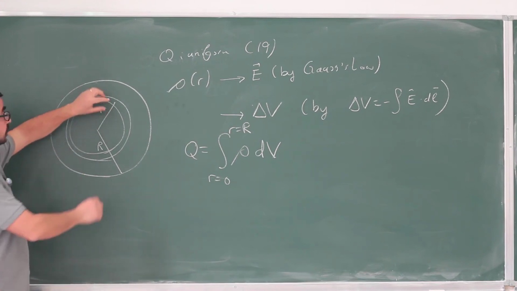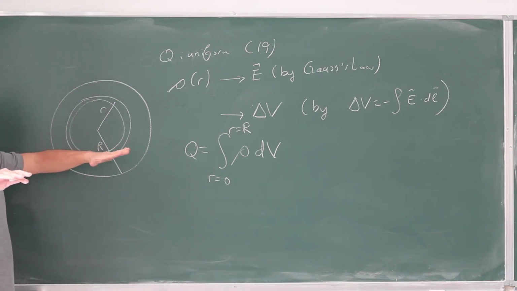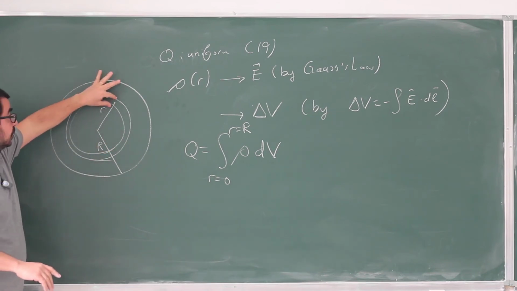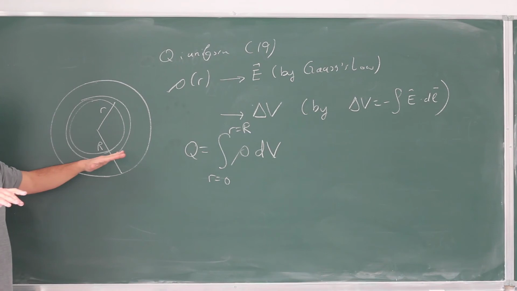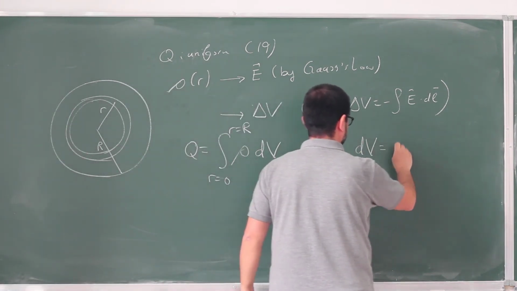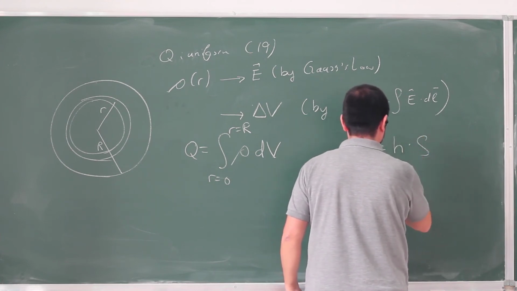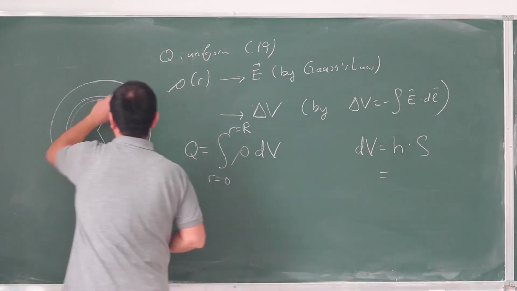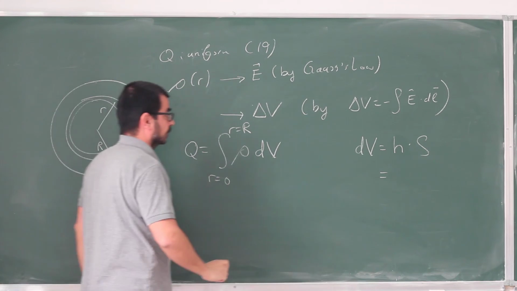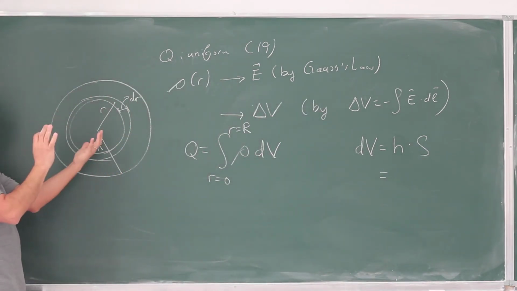The idea is that because this is infinitesimally thin, you can actually open this up without tearing it, and the volume is going to be just the height times the surface area. So this dV is going to be the height times the surface area, and the height here is just dr, and the surface area is that of a sphere of radius r.